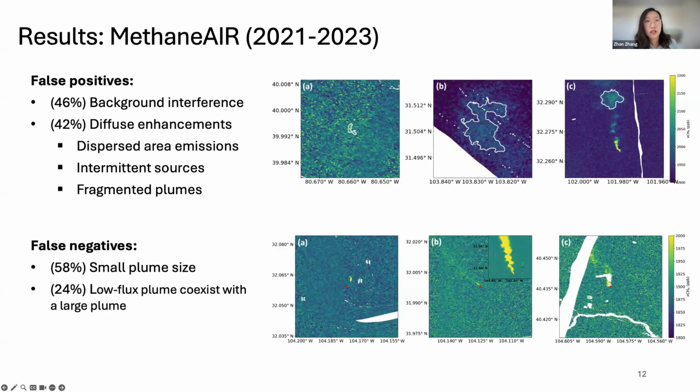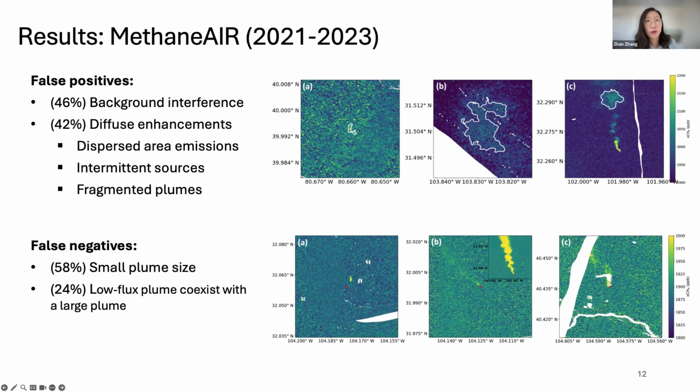Another 42% of the false positives were from diffuse enhancements. That is emissions that are not source localizable. This could come from either dispersed small emissions below the detection limit, or from intermittent sources that stop emitting before the overpass, or from eddies and turbulence that fragment a plume into detached clumps downwind.